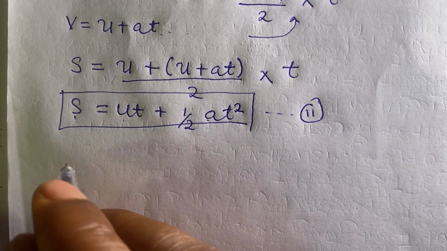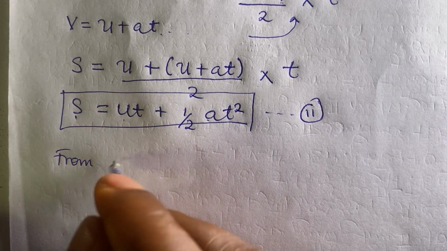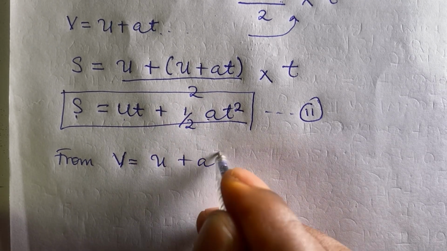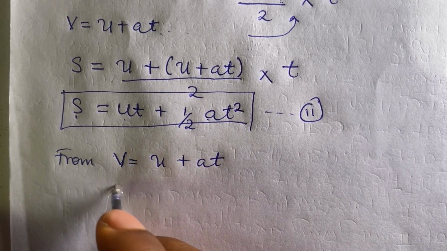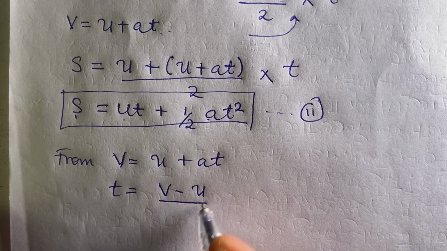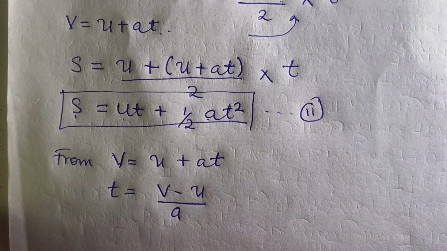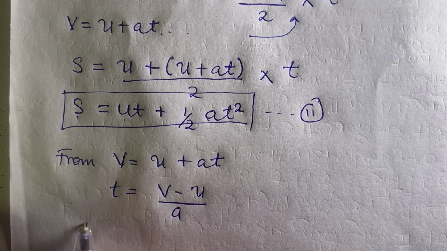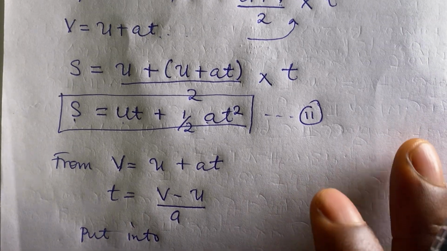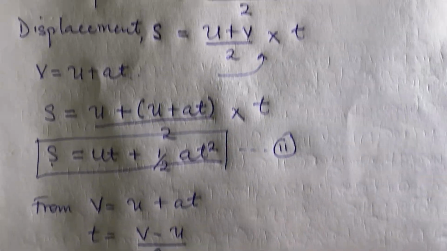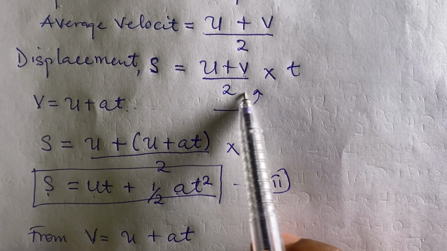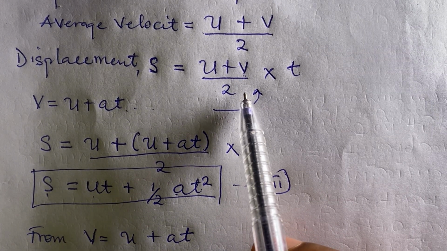Now, from v equals u plus at, if I make t the subject of the formula here, I'm going to have v minus u over a. If I put this into this equation, what are we going to have? Let's see.